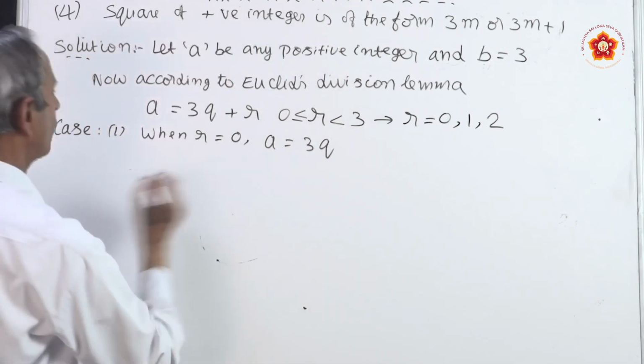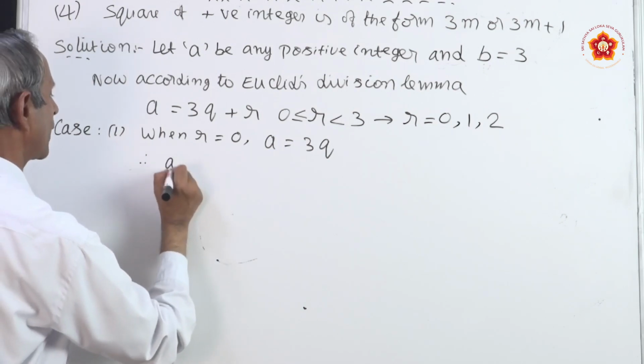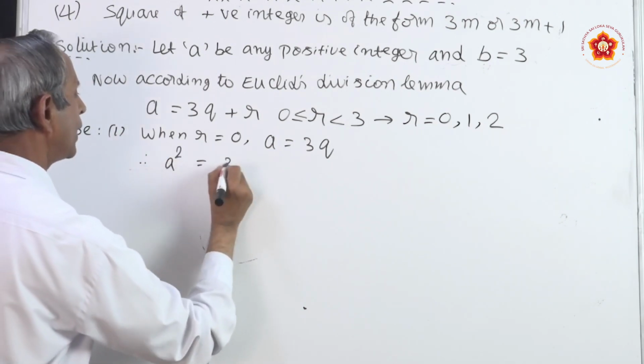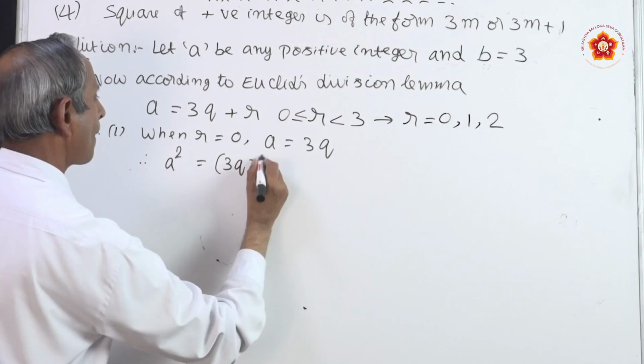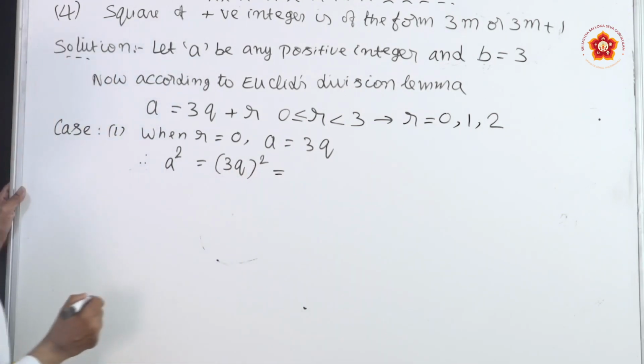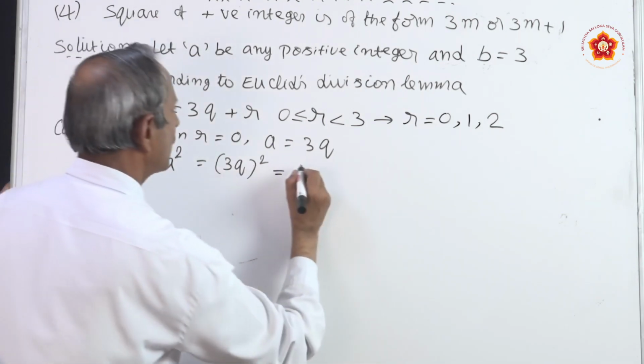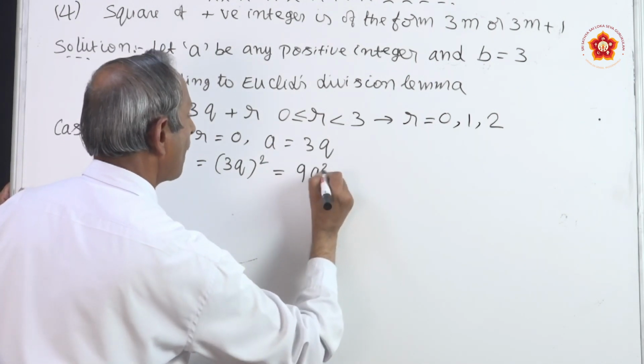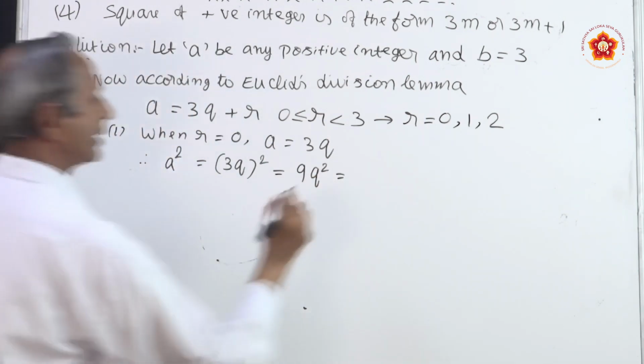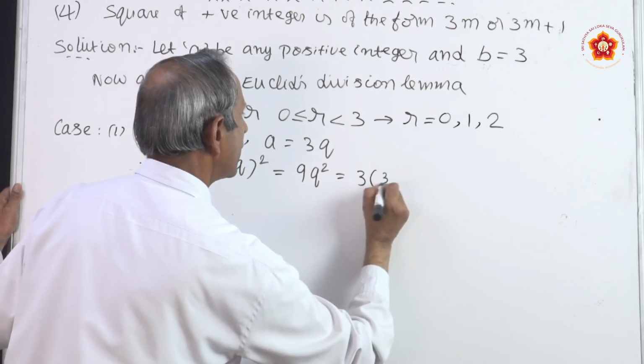Now, what will be the square of the number? Therefore, a square becomes 3q whole square. You will get 3q whole square becomes 9q square. Now, I will write it as 3 into 3q square.